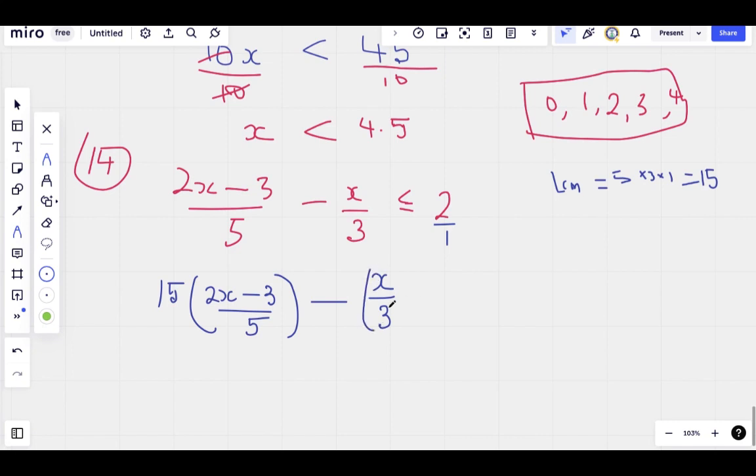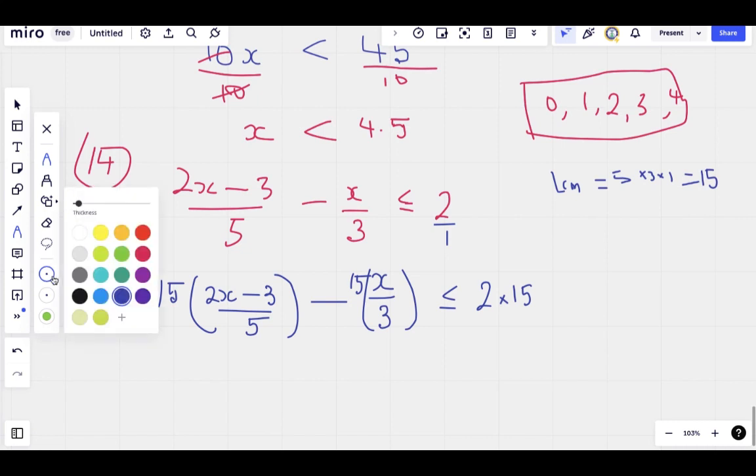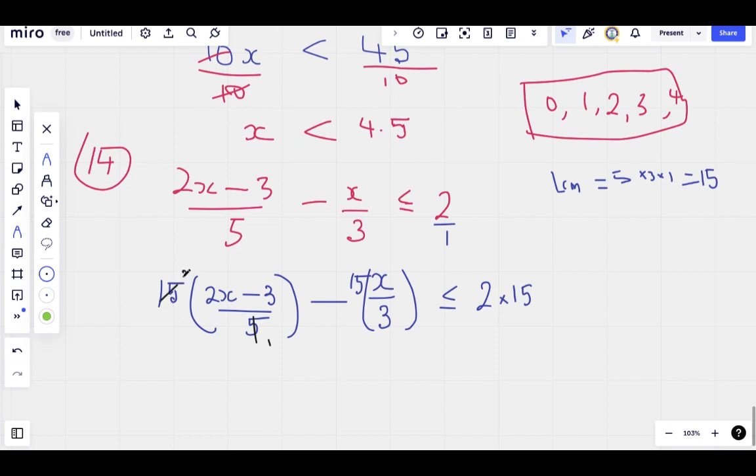So we also multiply here by the LCM, which is 15, and 2 multiplied by 15. Next is to cancel, to see what can eliminate each other. 5 divided by 5, you get 1. 15 divided by 5, we get 3 here. Now 3 divided by 3, you get 1. 15 divided by 3, you get 5 here.